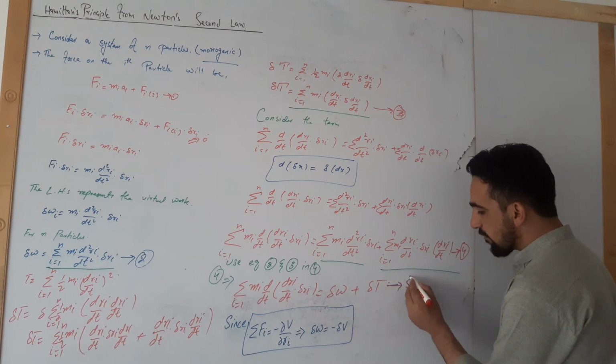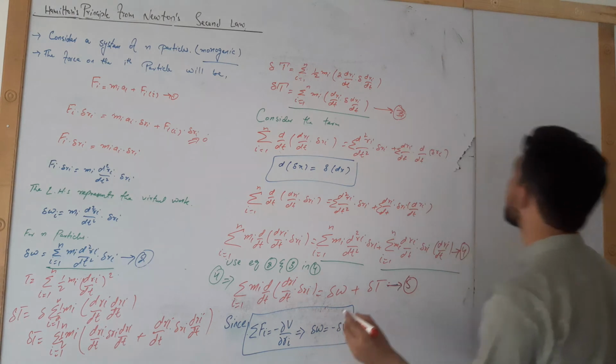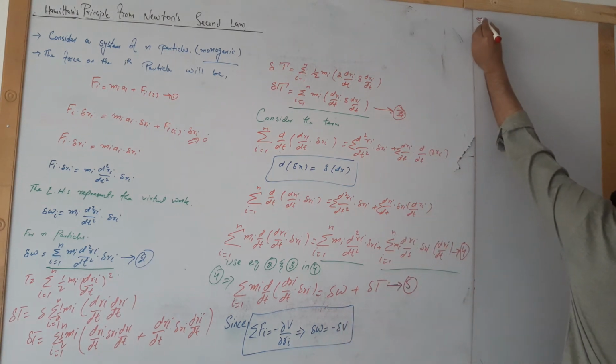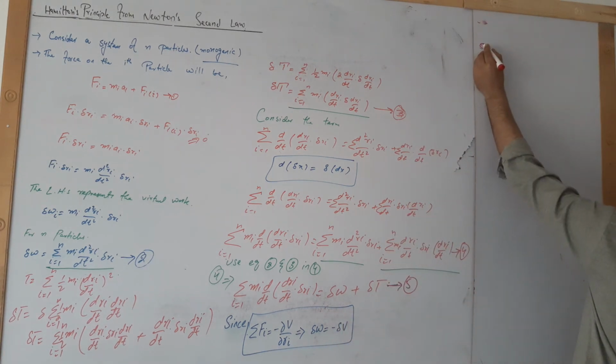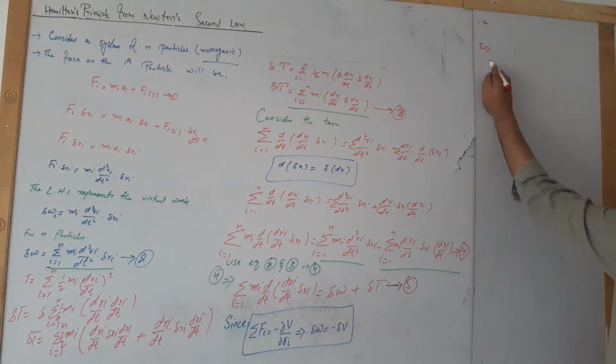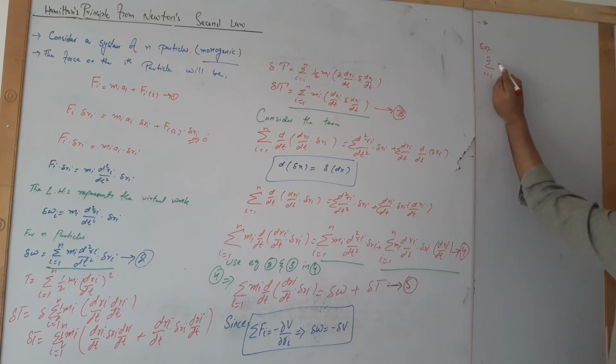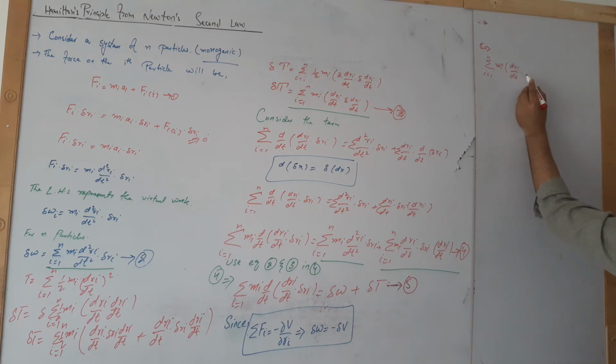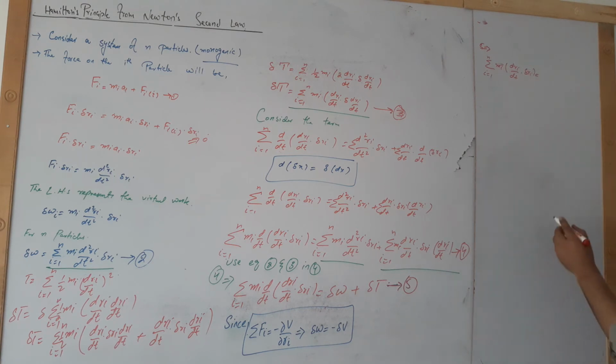Call this equation 5, and equation 5 will become summation i is equal to 1 up to n Mi d by dt of dRi over dt dot del Ri is equal to delta T minus delta V.